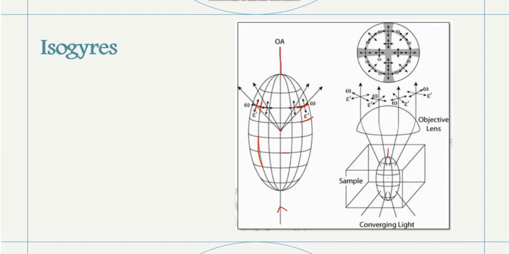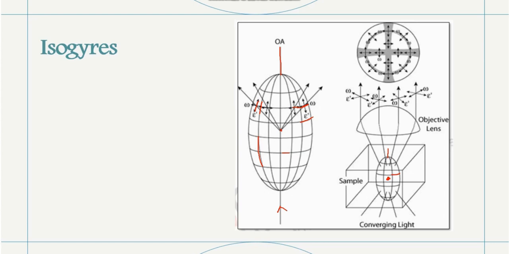So you see the light converging from the auxiliary lens and passing through the sample, and the sample must have its optic axis vertical, with the light emerging from the center of this uniaxial indicatrix, like here.